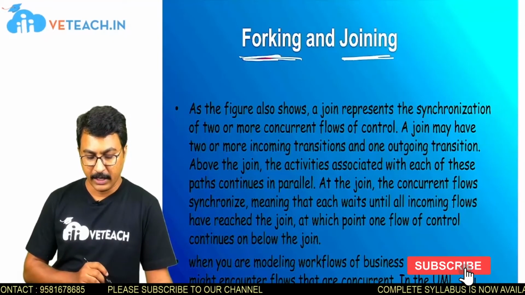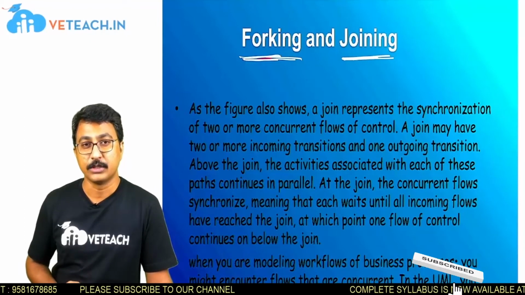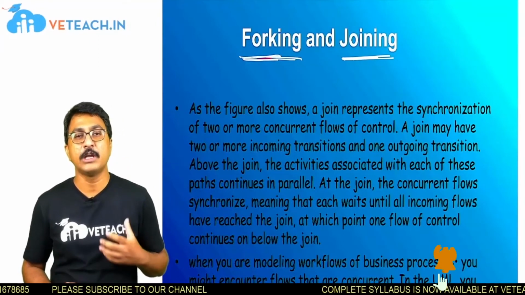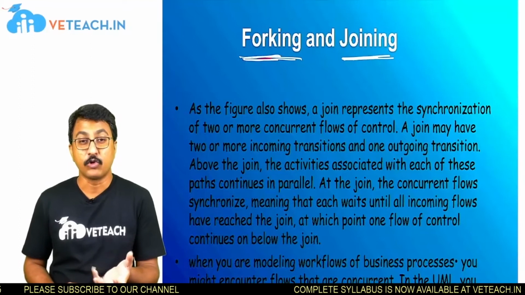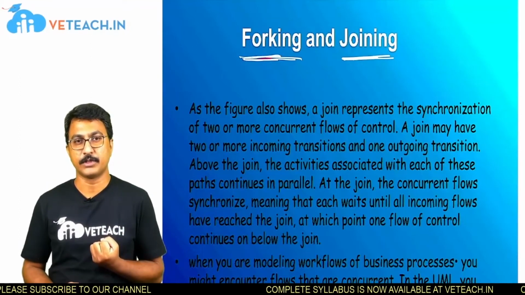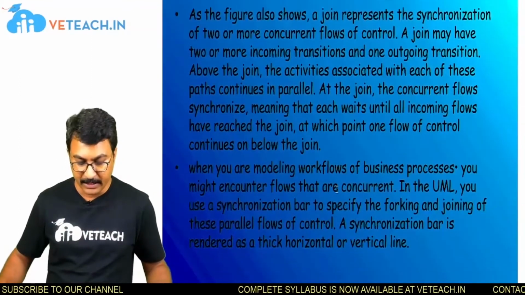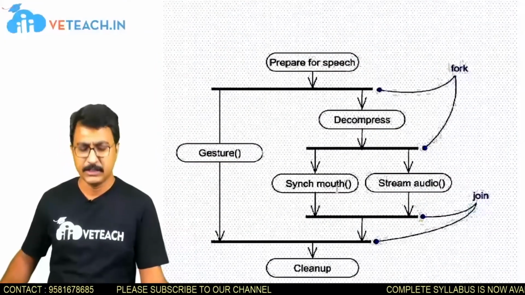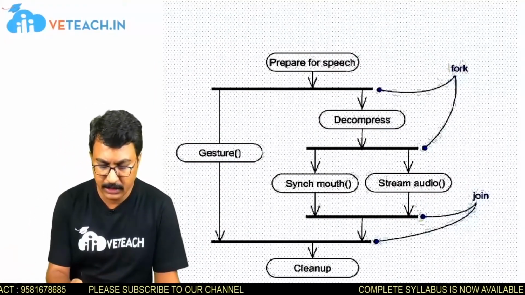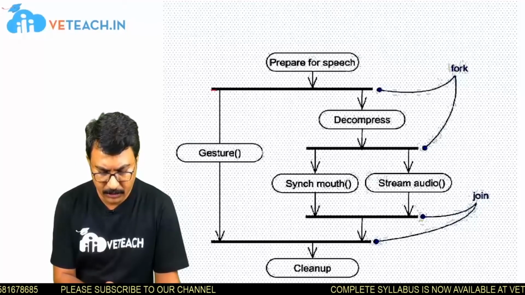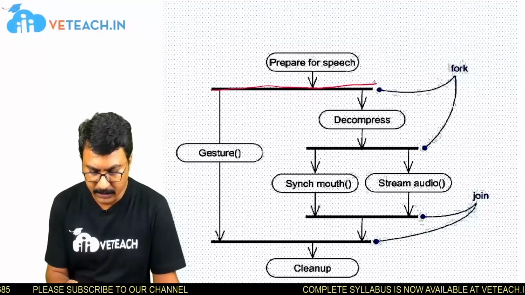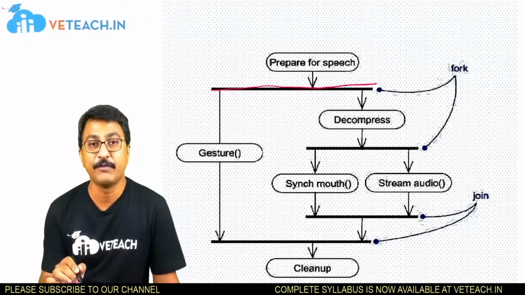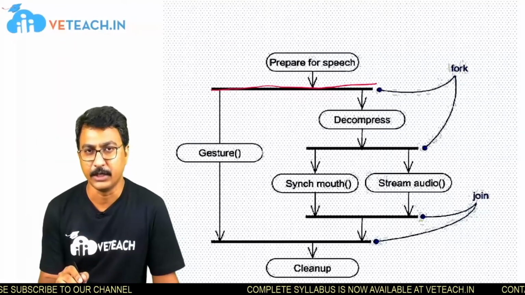So a fork and a join are used to generate concurrent flows of control or to merge concurrent flows of control. How do we render them graphically? See here the example. There is a horizontal line represented just below the prepare for speech activity state.